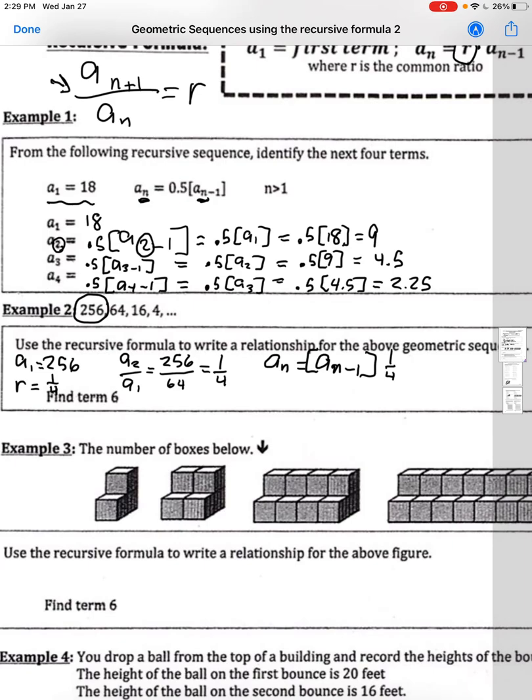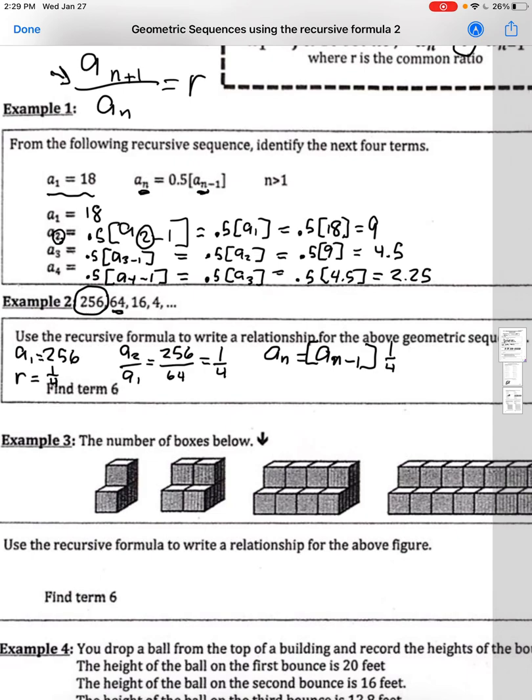However, you'll notice we were already given our first four terms. I think I'll use our fourth term to figure out our fifth term. A of 5 is equal to A4 times 1/4, which is the same thing as 4 times 1/4, which is 1. So A5, the fifth term in the sequence, would be 1.